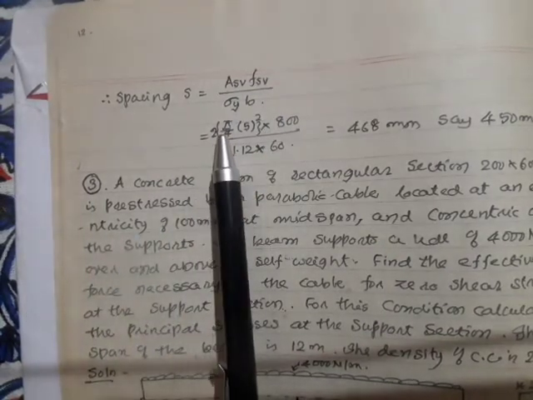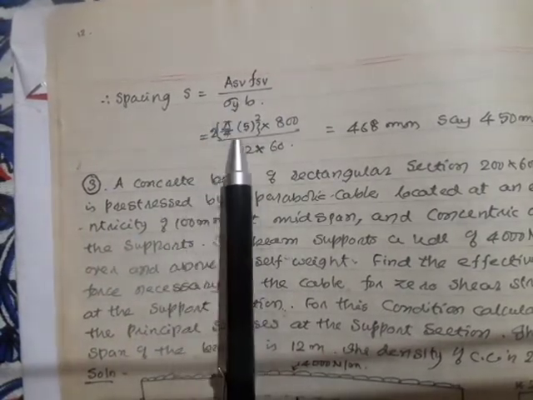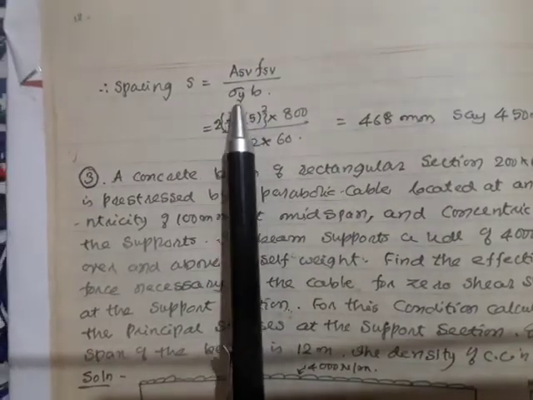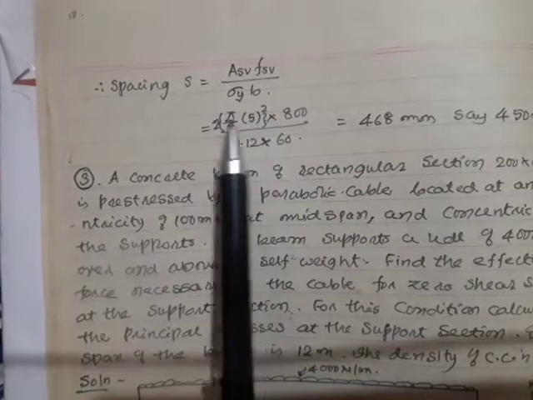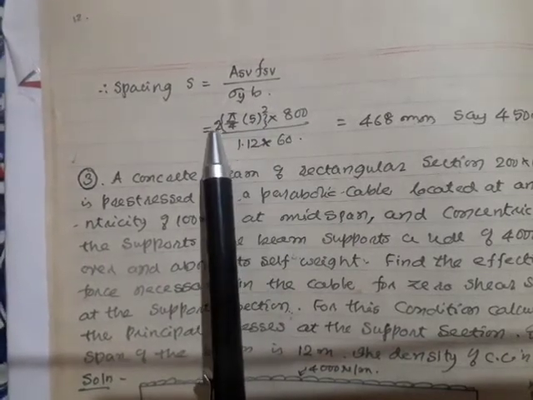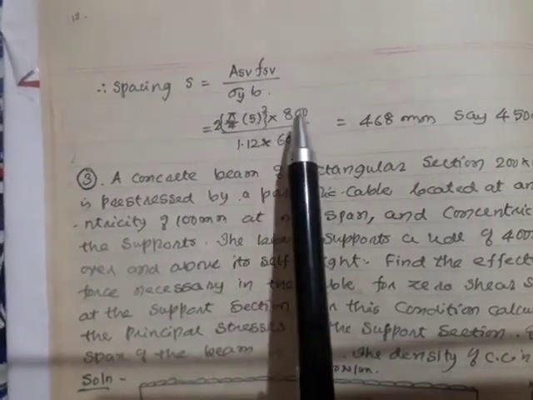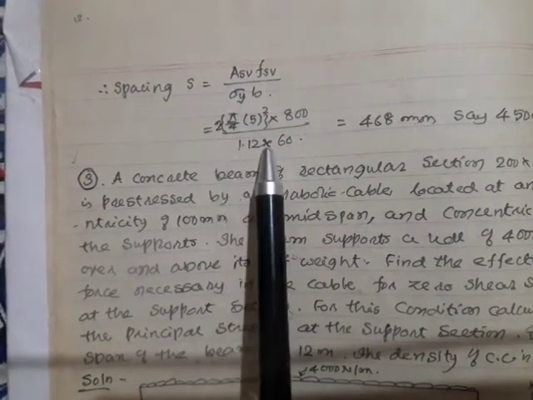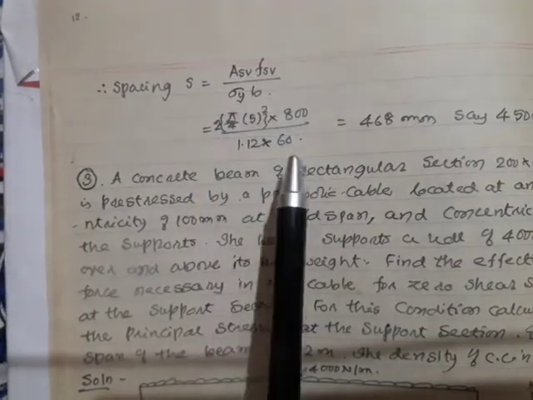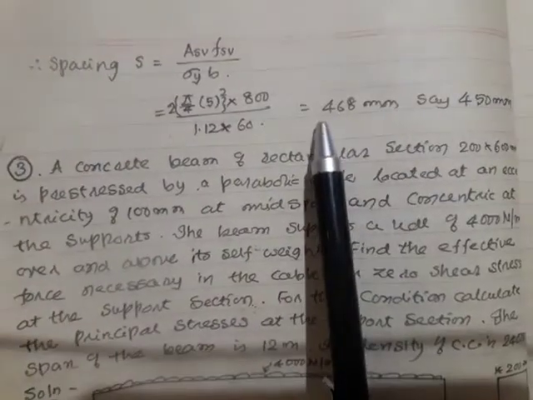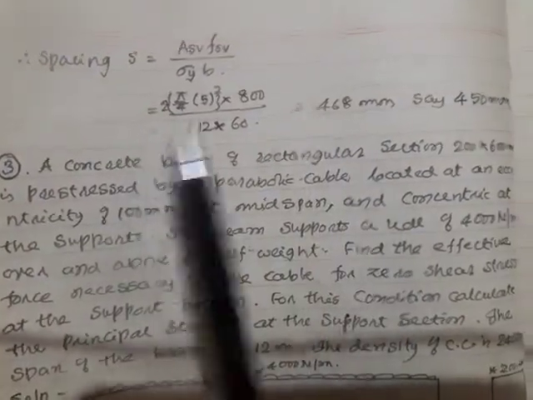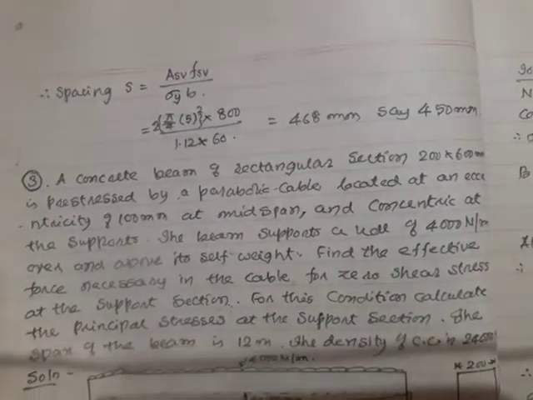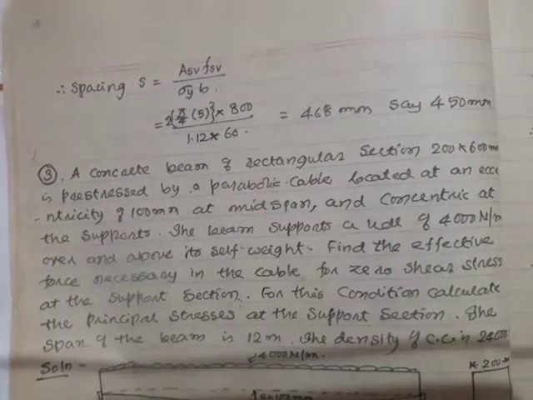ASV is the area of the stirrups. I am using 5 mm 5 wires, so it is pi by 4 into 5 square, into 2 since it is 2-legged. FSV you have applied a pre-stress of 800, sigma y you know 1.22, and breadth b is 60. So it will give me 468 mm as the spacing, or say 450 mm as the spacing of the stirrups. This is how this problem can be solved.